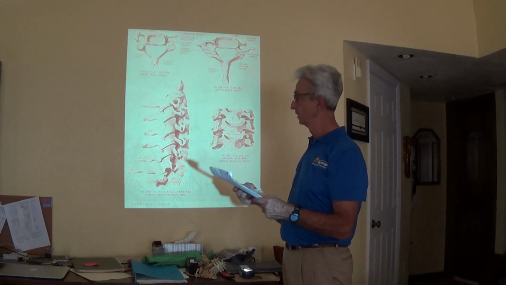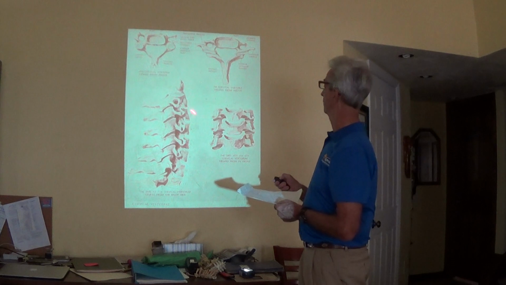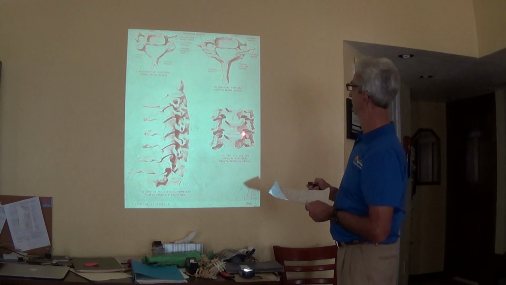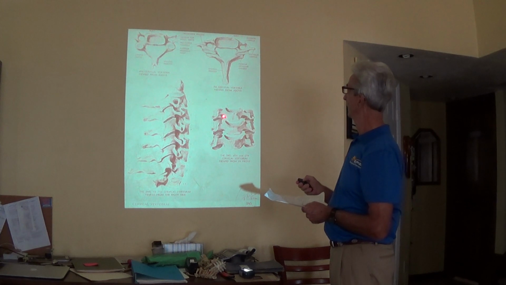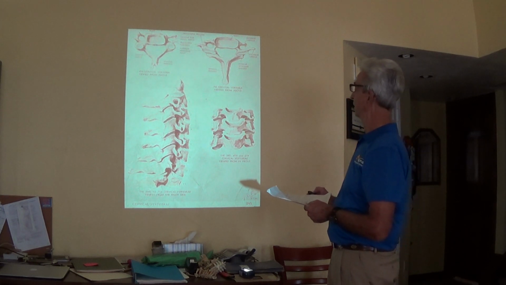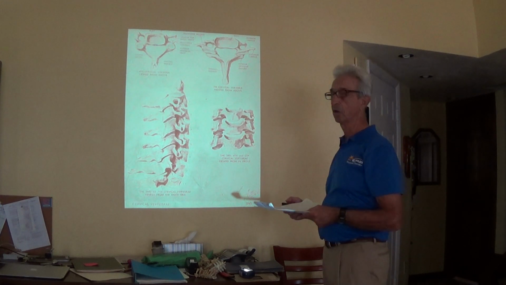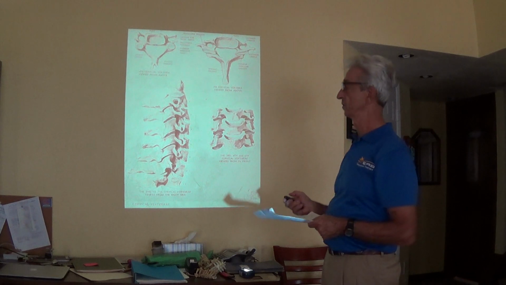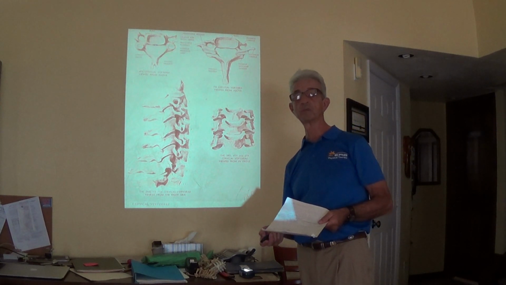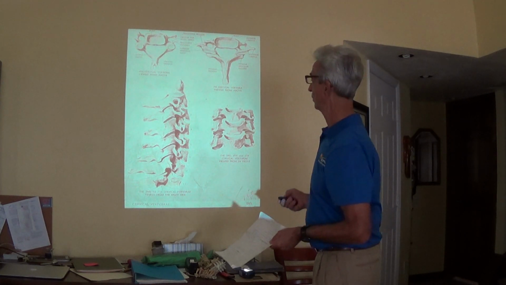Okay. Now you also want to note, on this particular slide, are the joints of von Luschka, and these are what they call the posterior inner body joints right here. And there's also hyaline cartilage there, but there's no capsule, so they're not really true joints, but they have the capacity to spur and give you several kinds of problems.